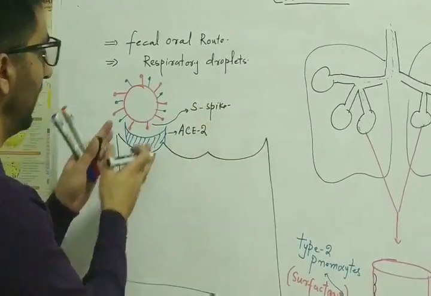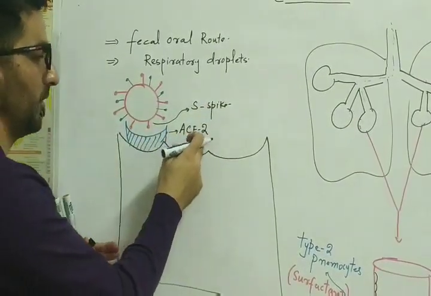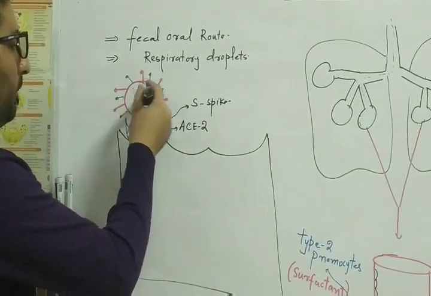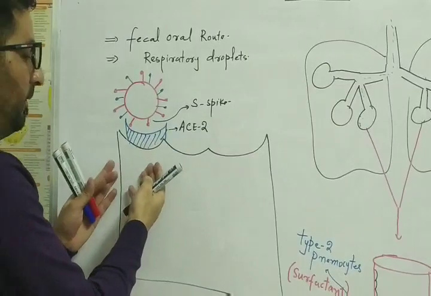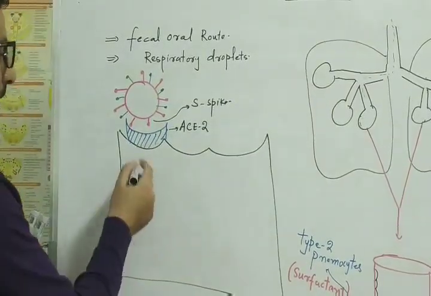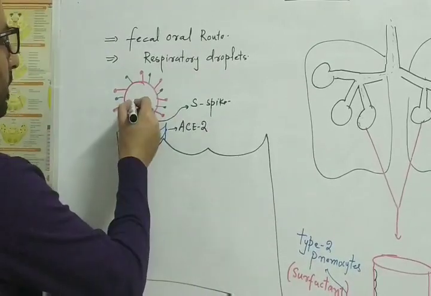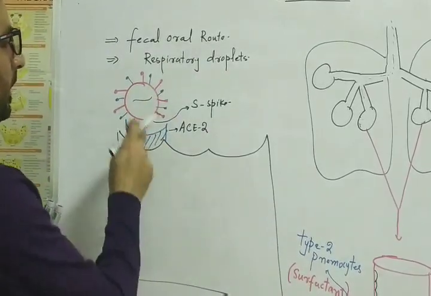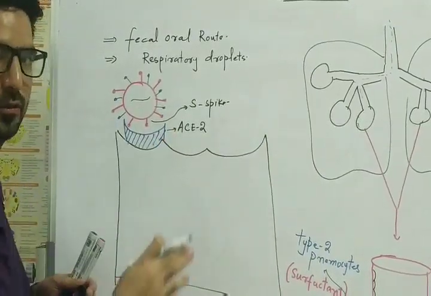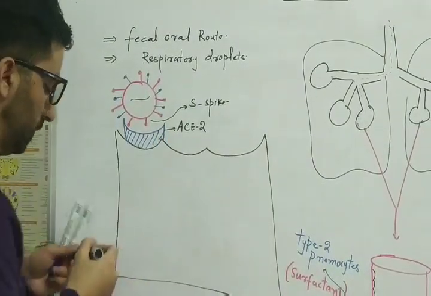When the S spike binds with the angiotensin converting enzyme 2, the material of the virus is enclosed into the pneumocyte, the type 2 pneumocyte. So the RNA present in this virus is thrown into this pneumocyte.